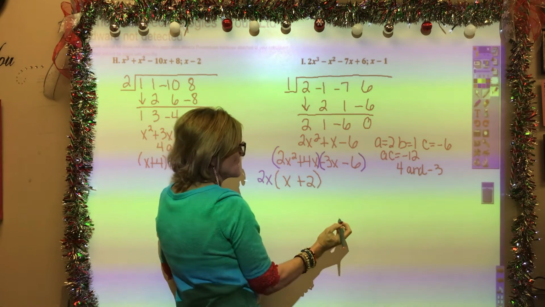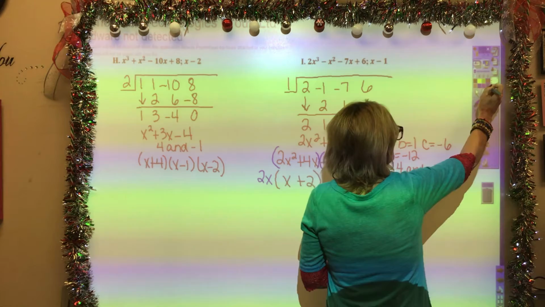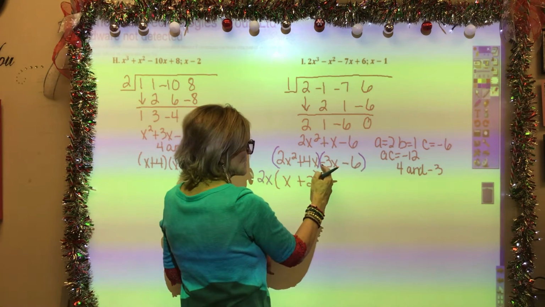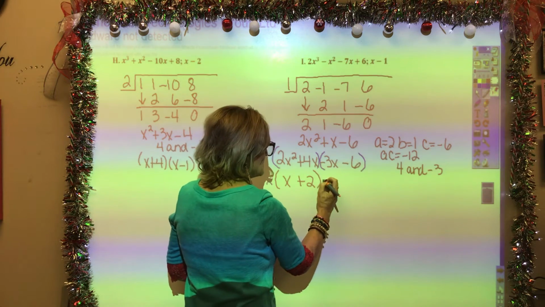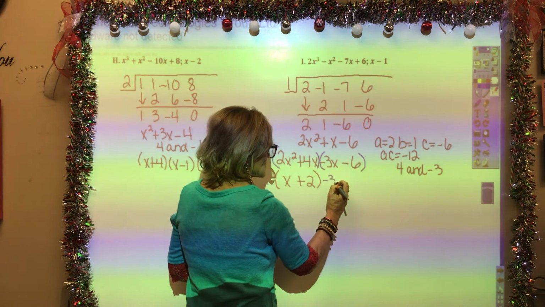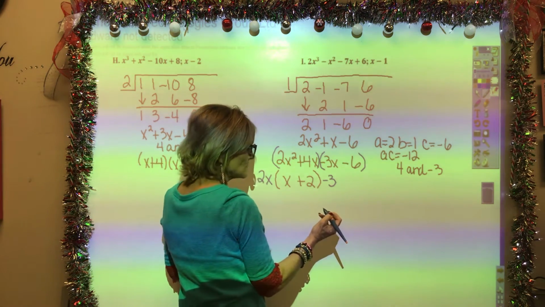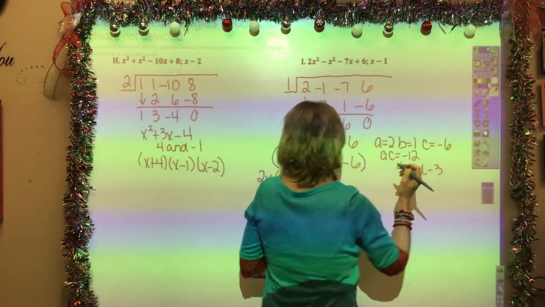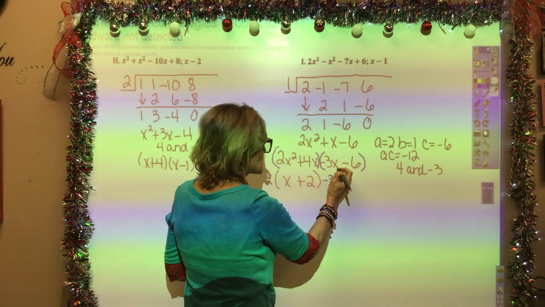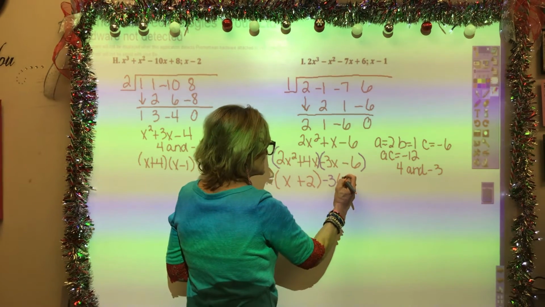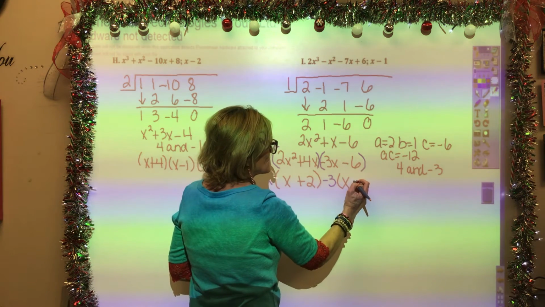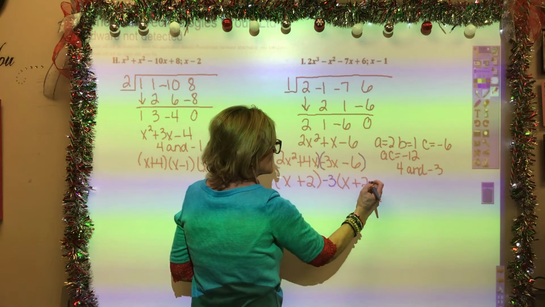Okay, then let's factor out our greatest common factor in our next parenthesis. Remember, you always take the sign, and we can factor out the 3 also. So we're dividing out a -3. -3x divided by -3 is x. -6 divided by -3 is positive 2.